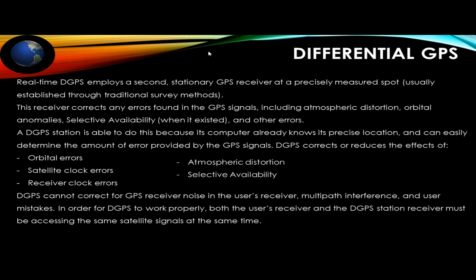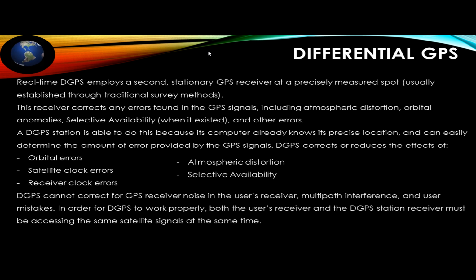Real time differential GPS employs a second stationary GPS receiver at a precisely measured spot, usually established through traditional survey methods.